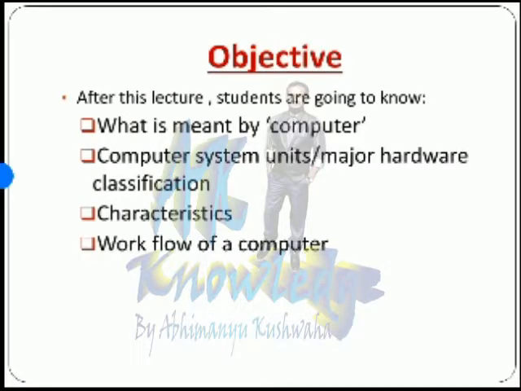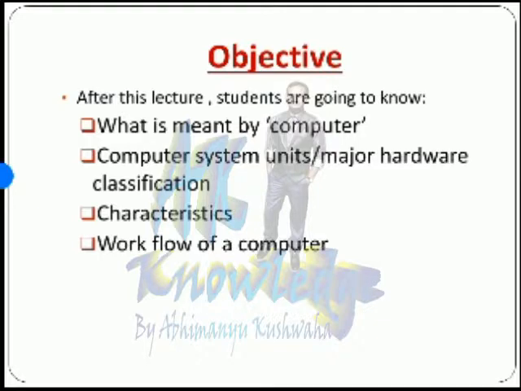This is our objective. It means after completion of this part we have to learn about something like what is meant by computer. This is the first point. Second point is computer system units, major hardware classifications.